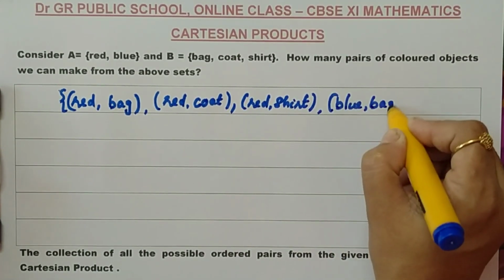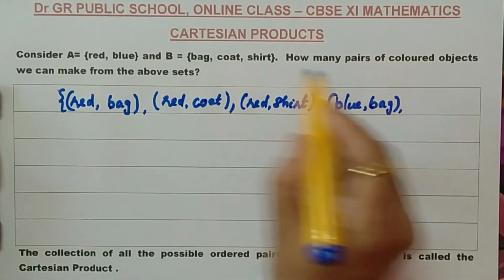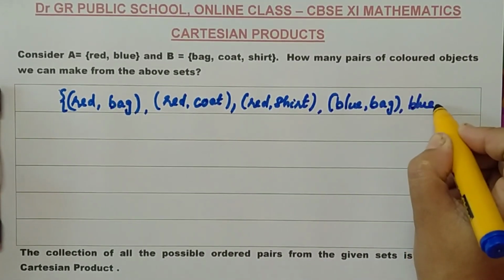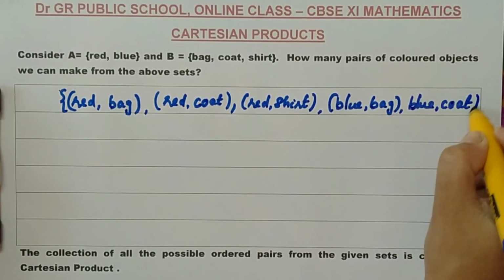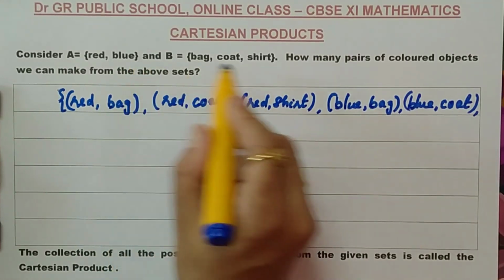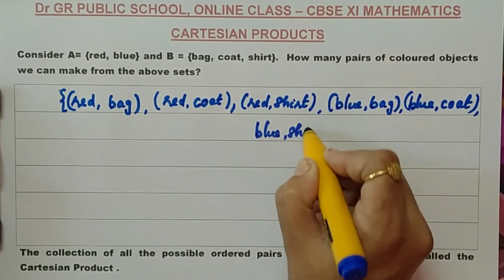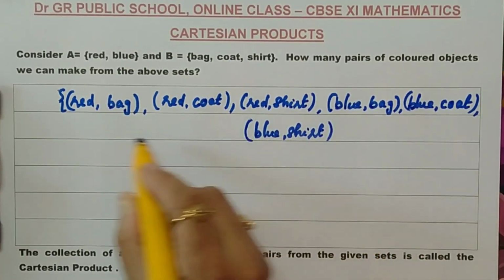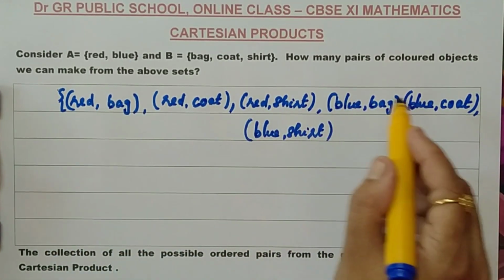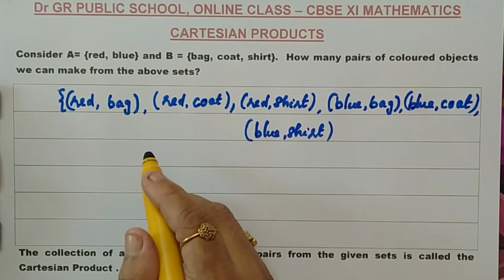The possible pairs I am writing here: blue coat, and one more pair, blue shirt. These are the possible combinations of colored objects we can make from the above sets.